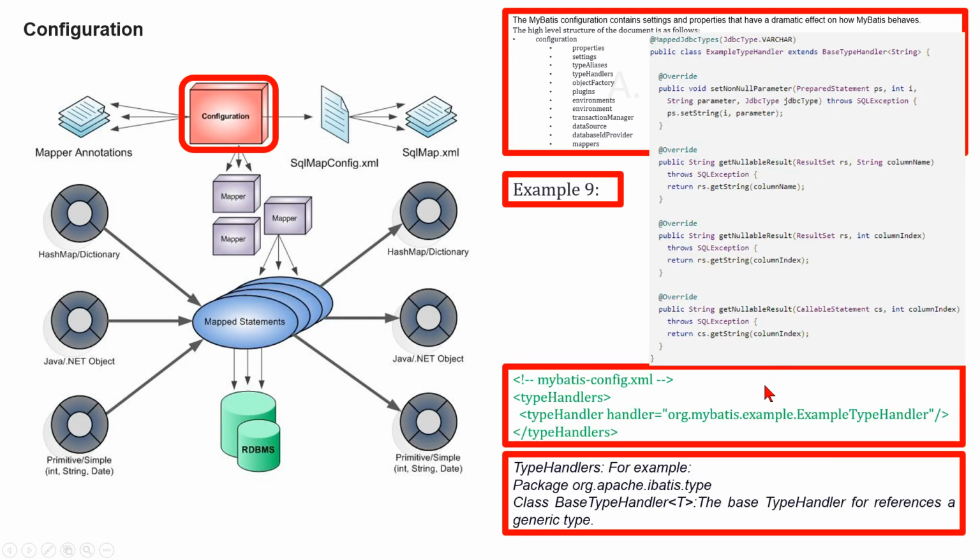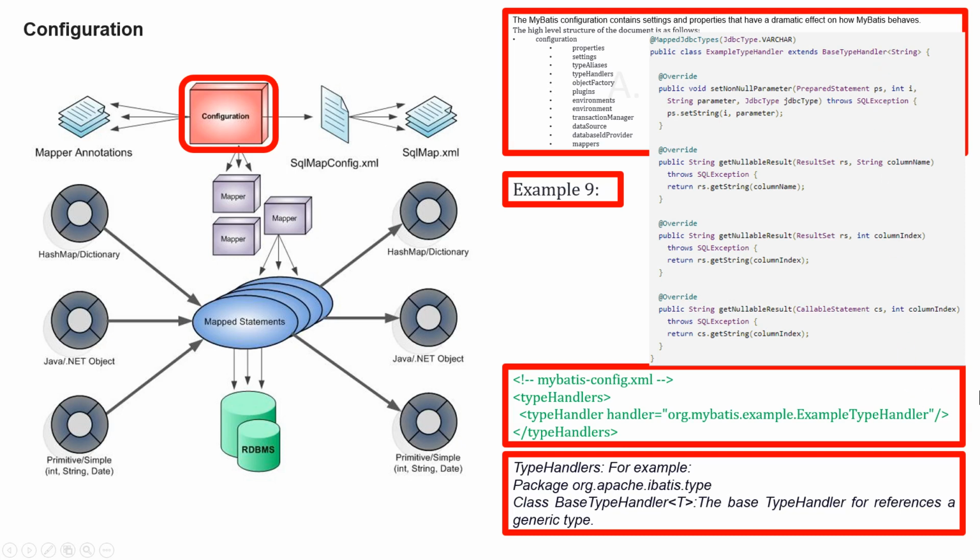Now we are considering type handlers. For example, here the package, the class BaseTypeHandler<T>, the base type handler for references of a generic type. This is in the package org.apache.ibatis.type.